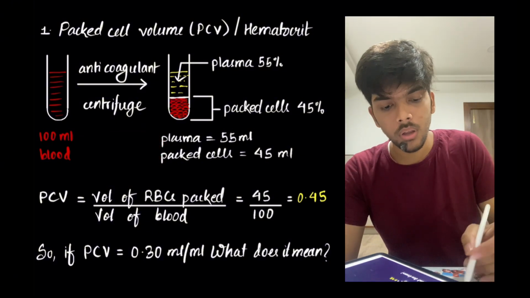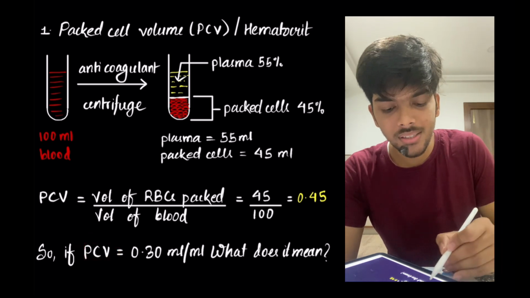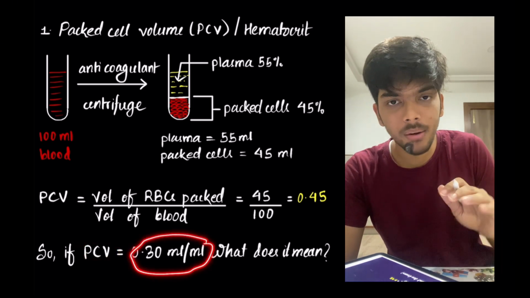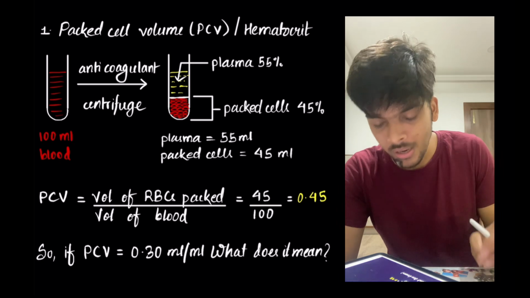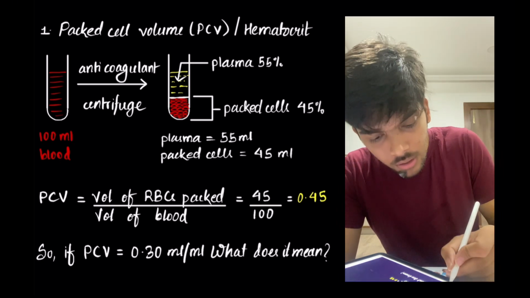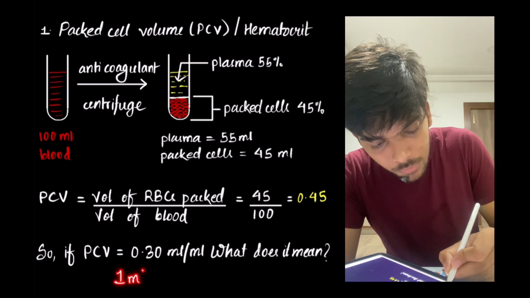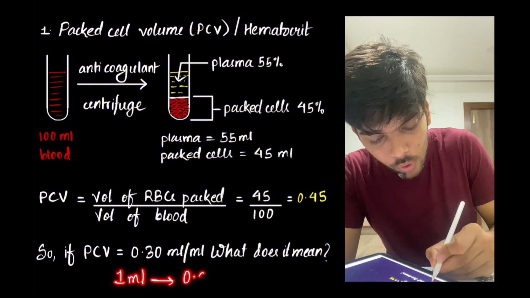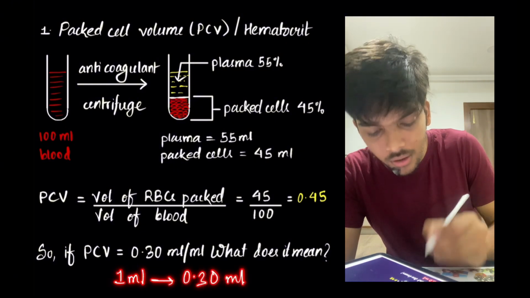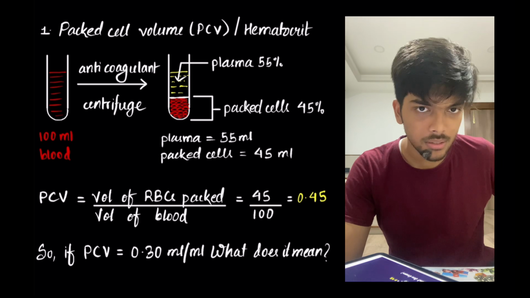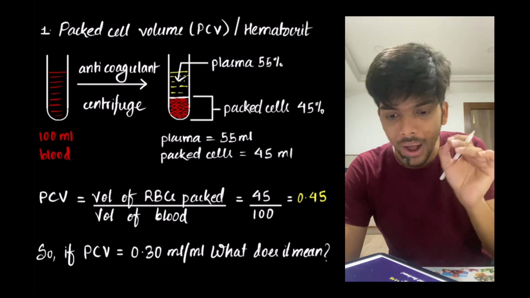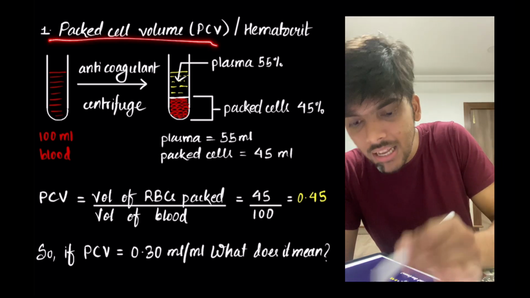So if packed cell volume is 0.30 milliliter per milliliter, what does this mean? It means that for every 1 ml of blood, we have 0.30 milliliter of red blood cells. Got it? One last time. What is packed cell volume?